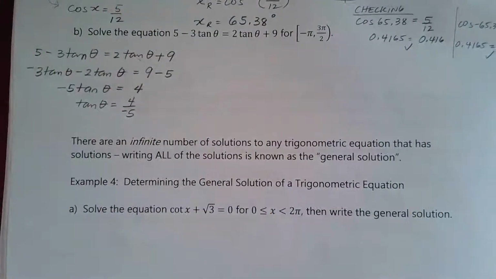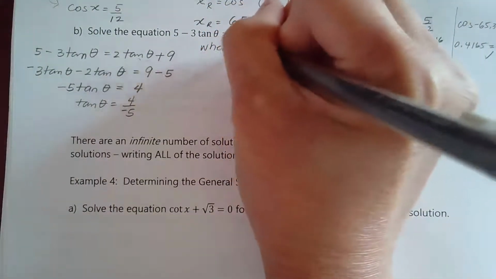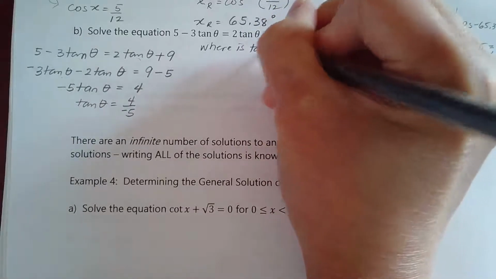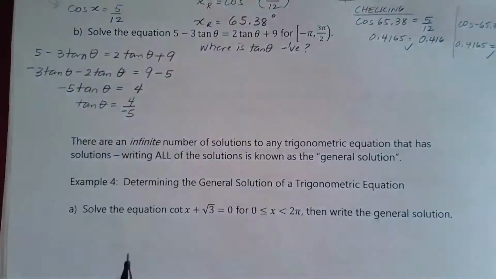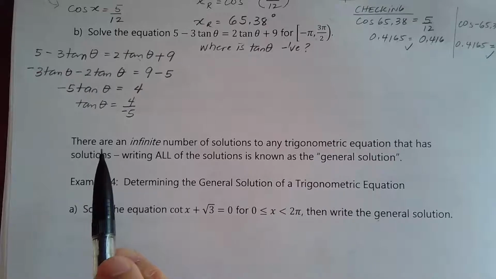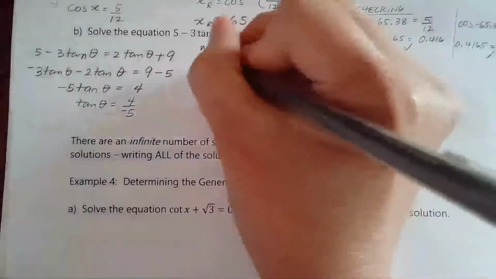Now we have to ask ourselves again, where is tan theta negative? Tan is negative in quadrant 2 and quadrant 4.